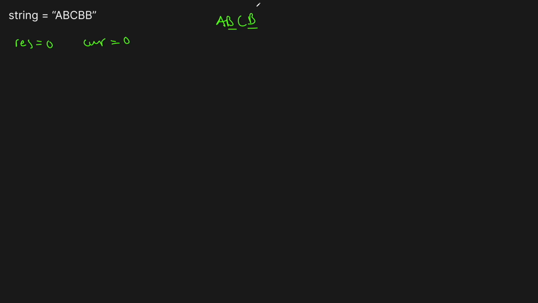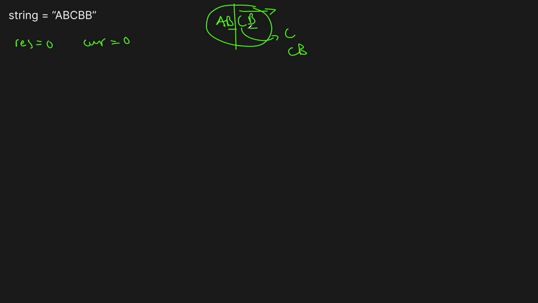We only form substrings from the last time we saw a B, because only that part will be unique. So when we see the second B, we can form the substrings C and CB. We can't form ABCB or BCB, because those have two B's, and obviously that's not unique.